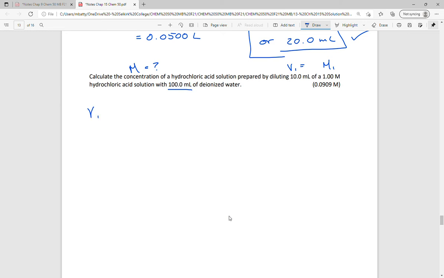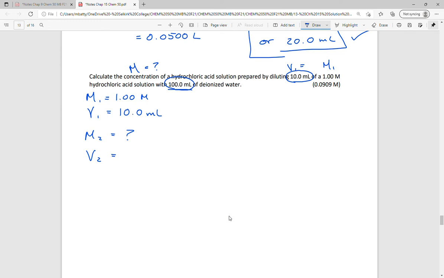So my V1, or sorry, I should do this in order. M1 is 1.00 molar. My V1 is 10.0 milliliters. I'm going to take my advice this time and leave it in milliliters. My M2 is what I'm looking for, and my V2. What's going on is you're taking that 10 mils of solution and you're putting 100 milliliters of water in it.